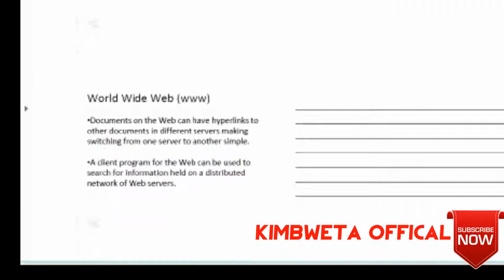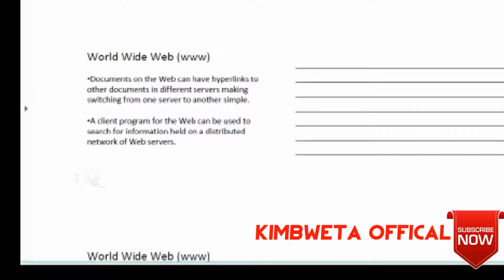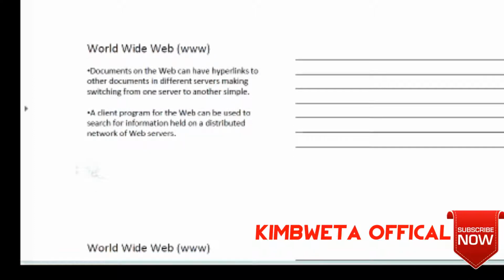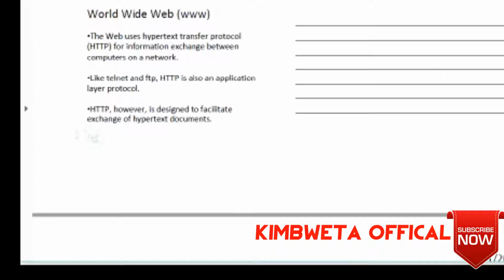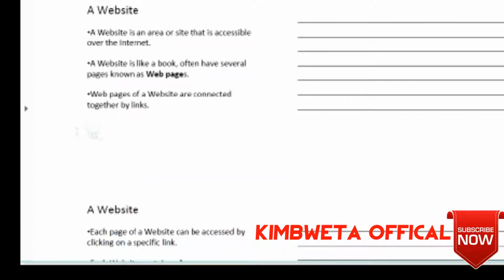Documents are created by using HTML, and these documents can even have links to other documents. As we move on, we're going to see what HTML is. But the World Wide Web uses a different protocol. It uses the hypertext transfer protocol, which is HTTP, in order to exchange information between computers. So in the WWW, HTTP is the protocol used.